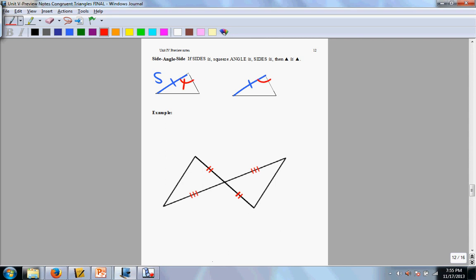If these angles were congruent, we put an A. And then we have another pair of sides, S. Notice this angle is squeezed between 2 congruent sides. That spells side angle side congruency. So these triangles in this situation would be congruent.